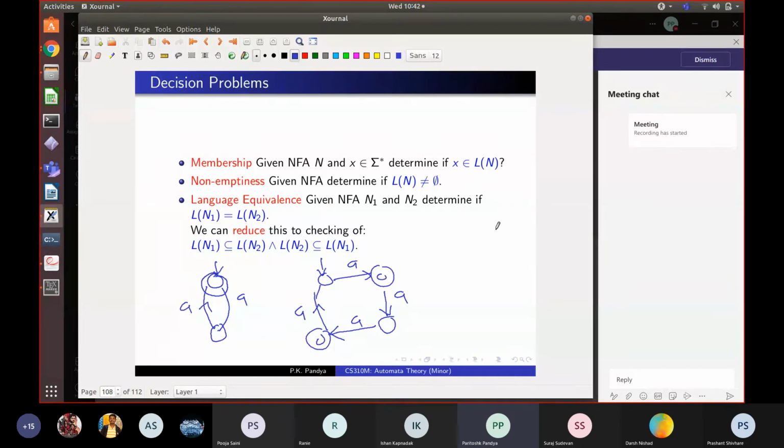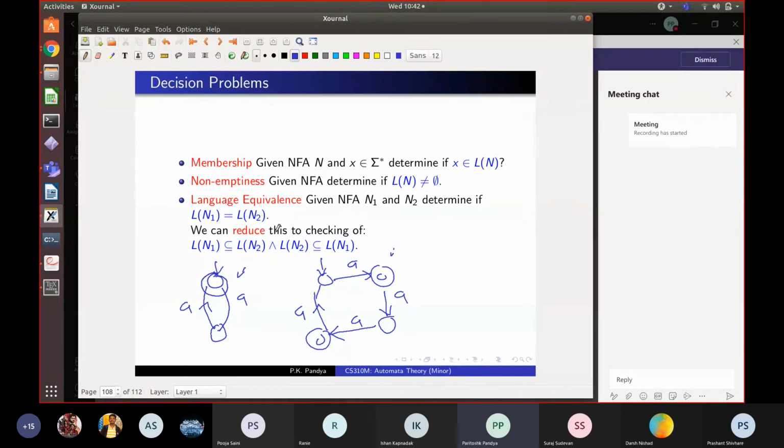For those who are in electrical engineering, you will know that we optimize combinational circuits by producing smaller circuits, and somehow we have to show that these two are combinationally equivalent. For all inputs, they give the same output. Similarly, for two sequential circuits, to check that they do the same job, the easiest method is to convert both sequential circuits to their automata. Maybe one will give you this automaton, one will give you that automaton. And then they don't look the same, but somehow we have to check that they have the same language.